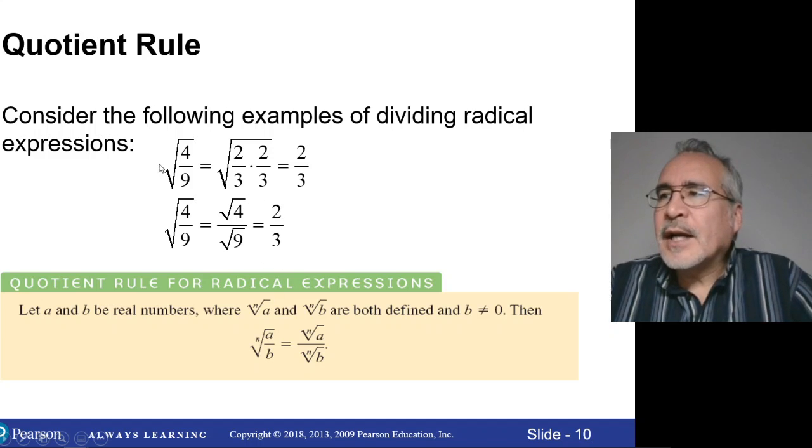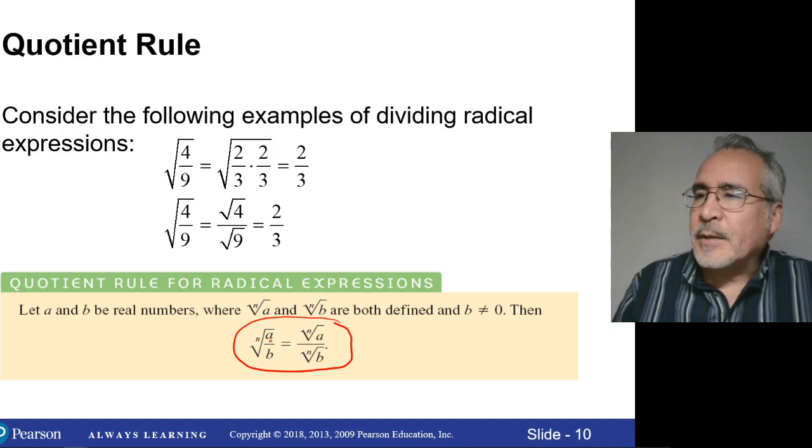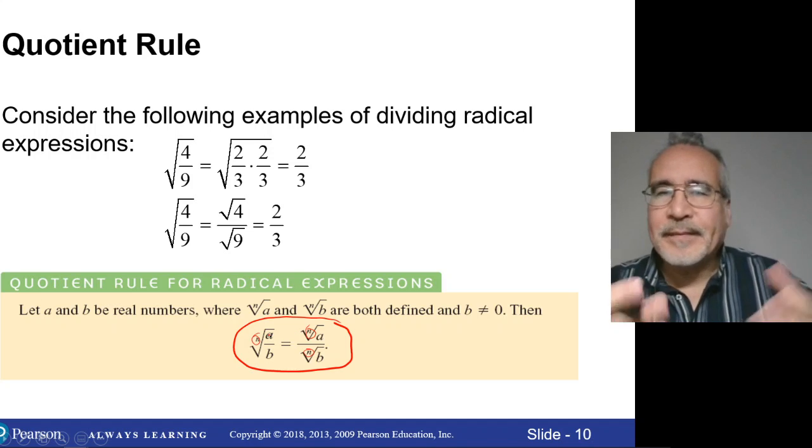So you could do it that route, or you could do it all under one house. But basically, this is equivalent to the product rule we had. If you've got them in one house, you can split them into 2. And if you've got them in 2 that are being divided, again, the important part is that the index is the same on all of these. We can put them into one house and then simplify.